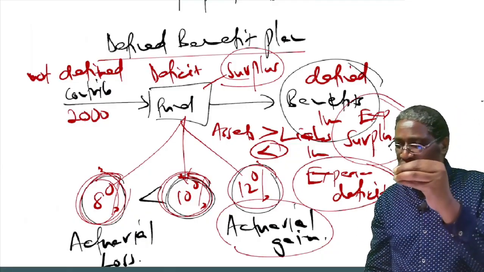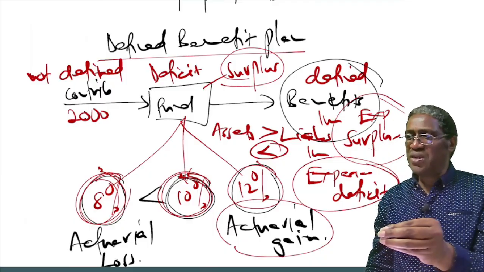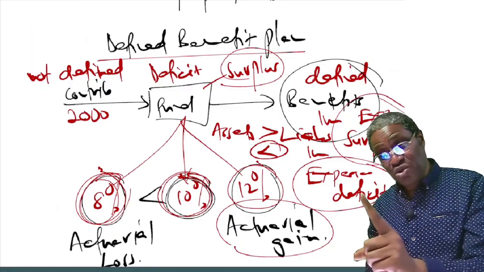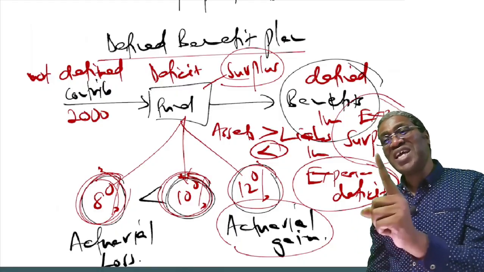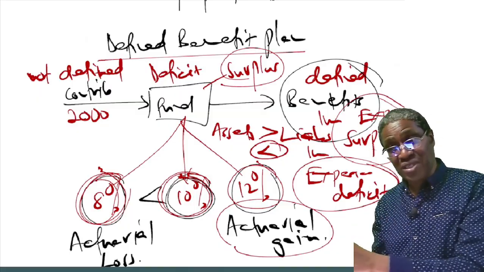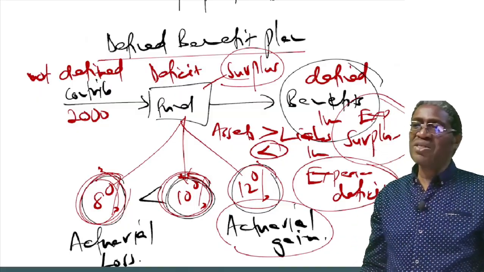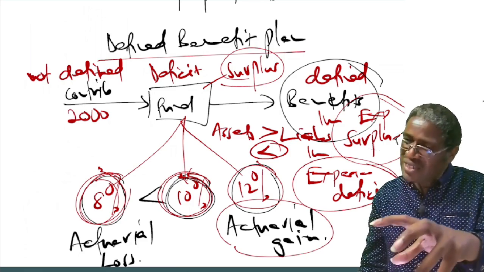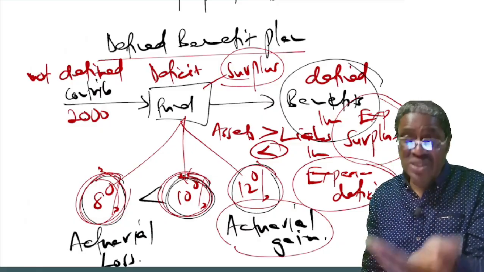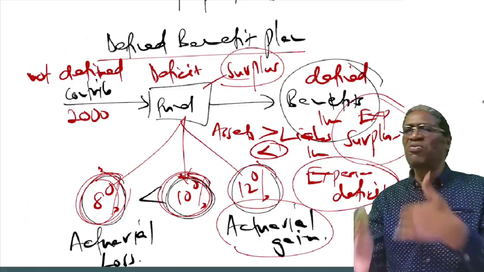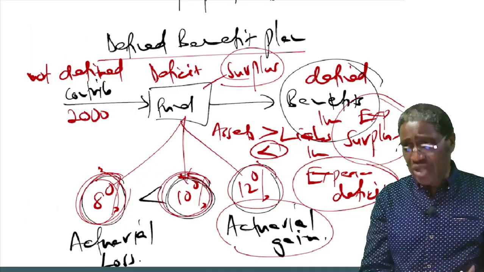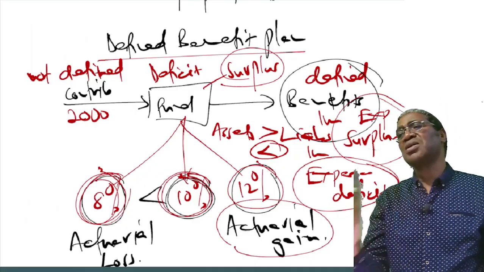If the assets in the fund are more than the liabilities in the fund, that automatically gives rise to an experience surplus. If the fund assets are more than the fund's liability, then you have a surplus. If the fund assets are less than the fund's liability, then you have an experience deficit, which is of course the same; it is the actual loss that gave rise to the experience deficit.